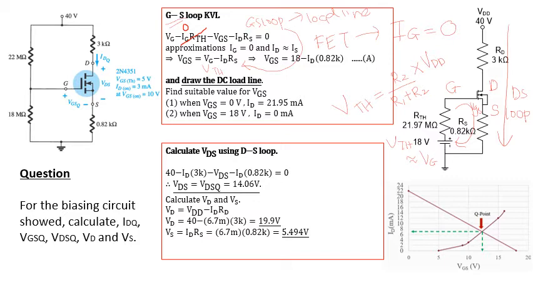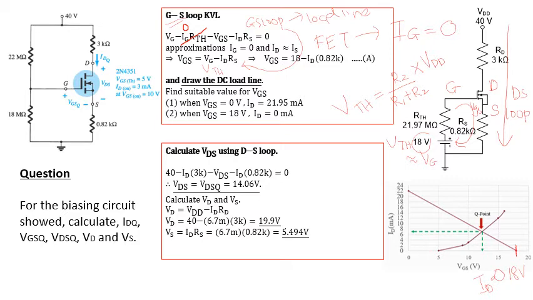Now to find the load line, you have to assume, for example at the y-axis, when the ID is 0, meaning that the VGS is equal to the Thevenin voltage. What is the value of the Thevenin voltage just now? It is 18. So here is 18 volt when ID equal to 0.